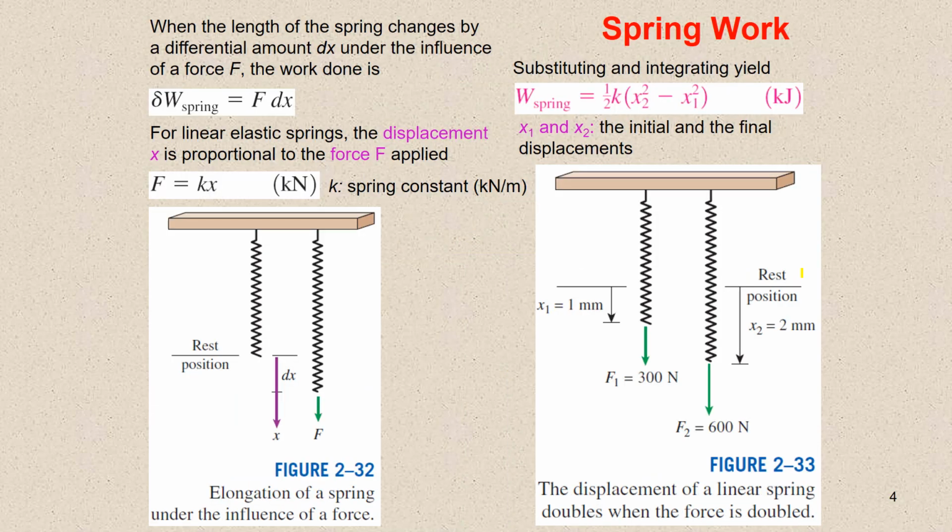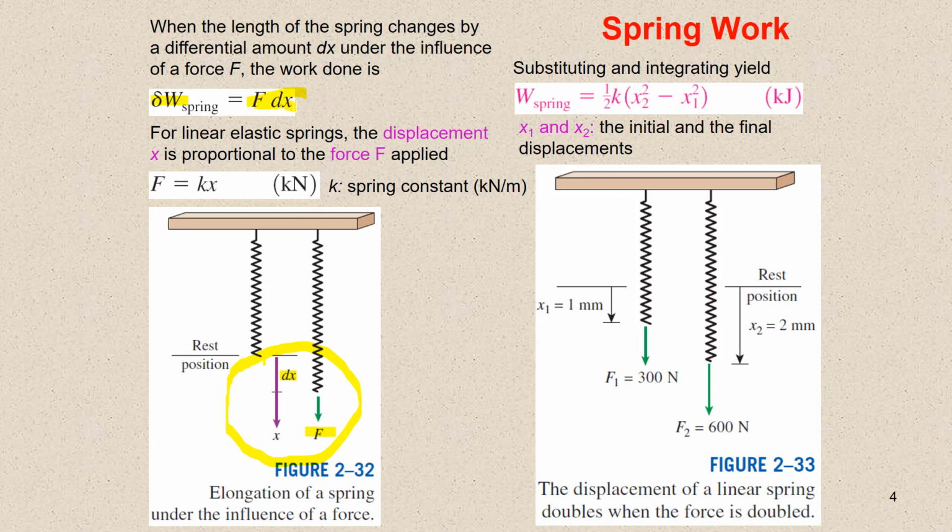Now let's look at spring work. It is common knowledge that when a force is applied on a spring, the length of a spring changes. When the length of the spring changes by a differential amount dx under the influence of a force F, the work done is denoted by delta W of spring equal to F dx.